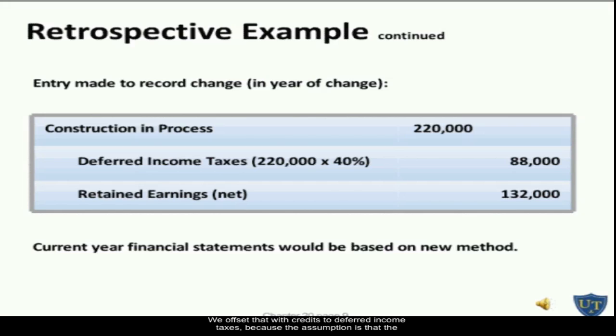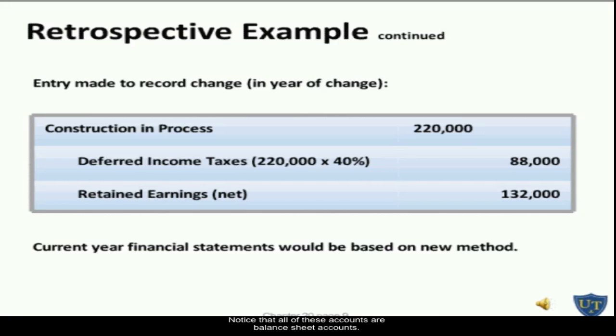We offset that with credits to deferred income taxes, because the assumption is that the contractor would have to record deferred taxes on that additional gross profit, and the net amount, $132,000, goes to retained earnings. In essence, we're saying that the contractor's net income over the years affected would be increased by $132,000.